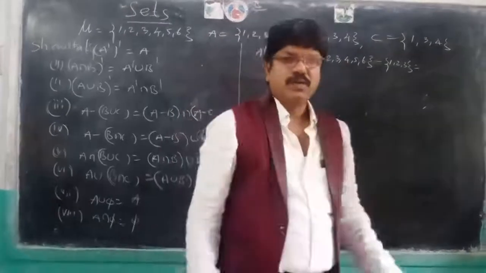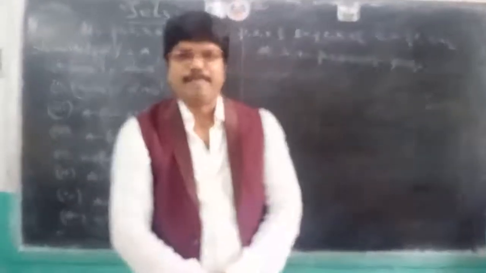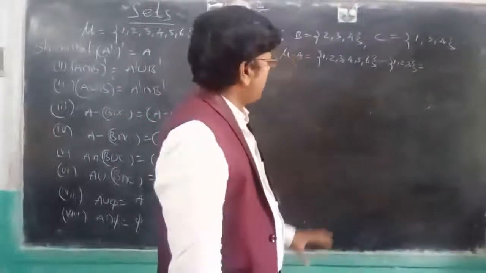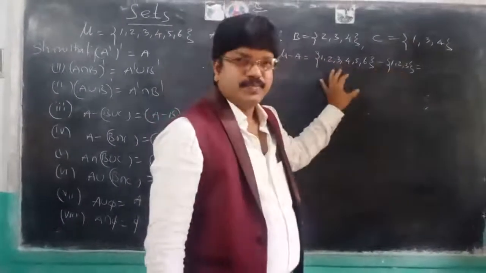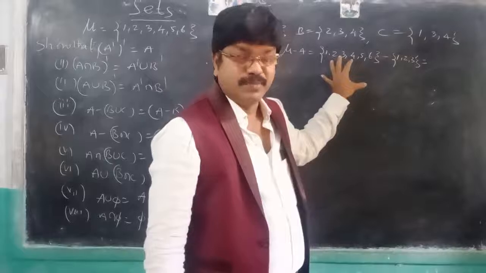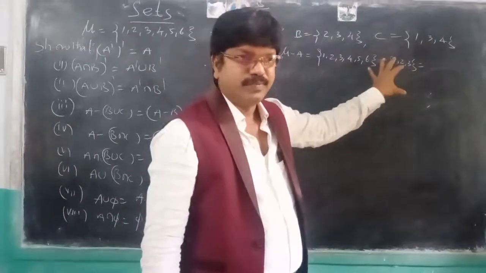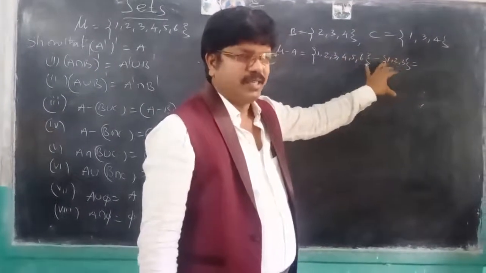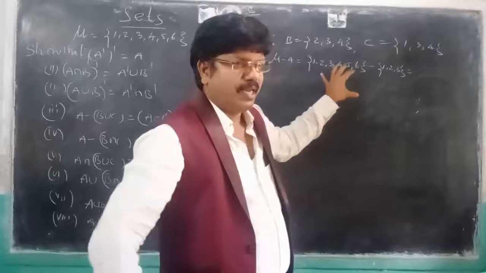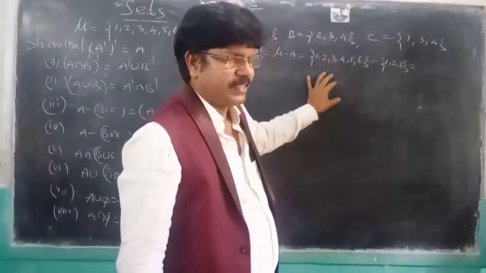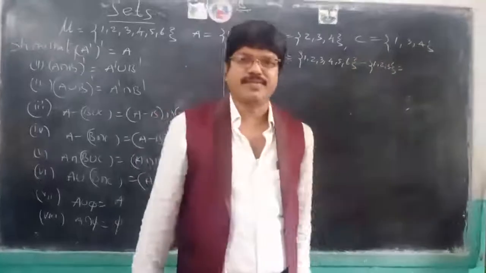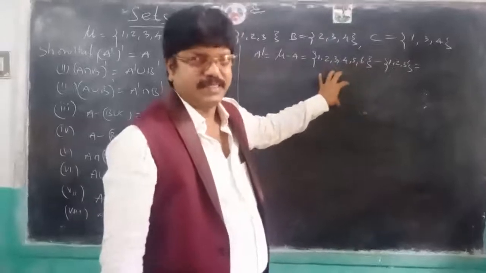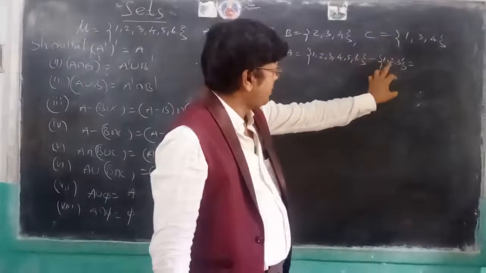This is the difference. What is the concept of difference? Observe both sets and see which elements are common. The common elements are removed from the first set, and the remaining ones we write. Here the common elements are 1, 2, 3.